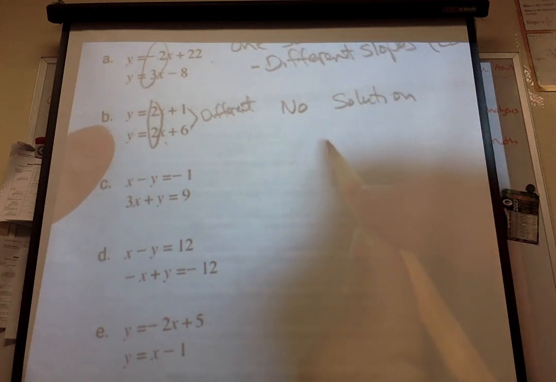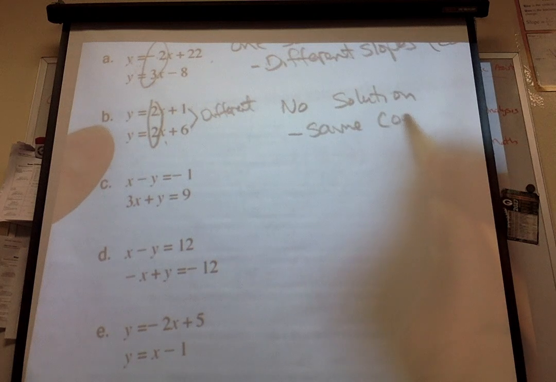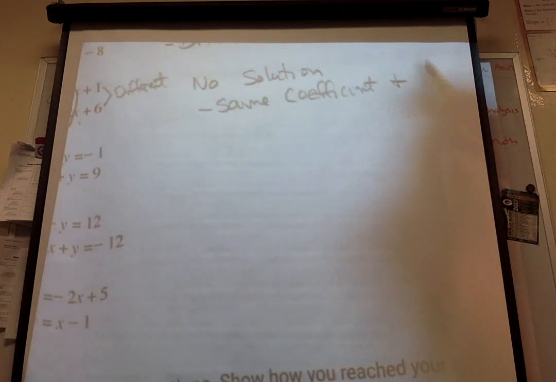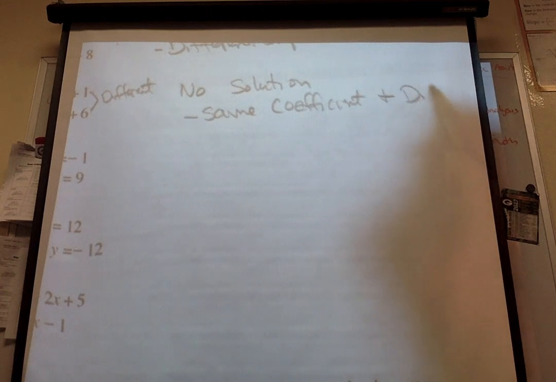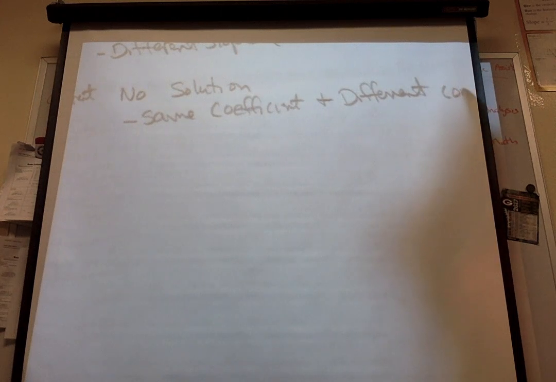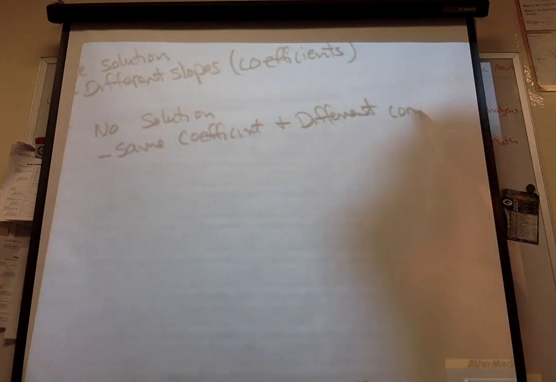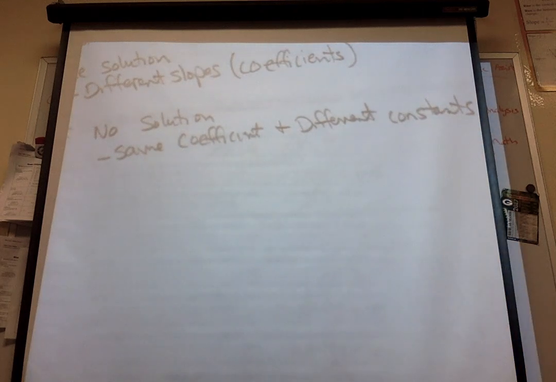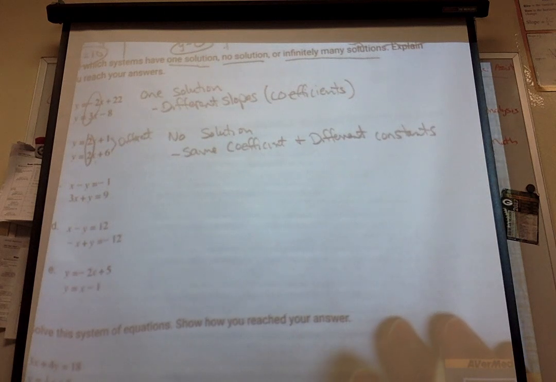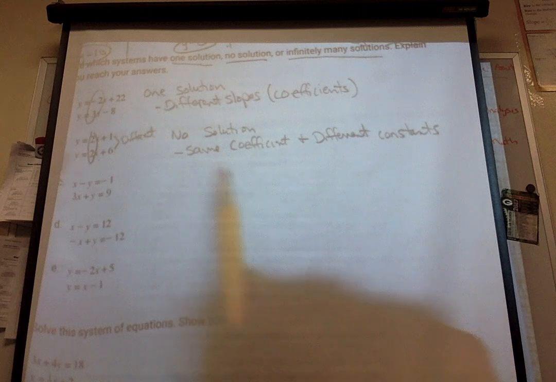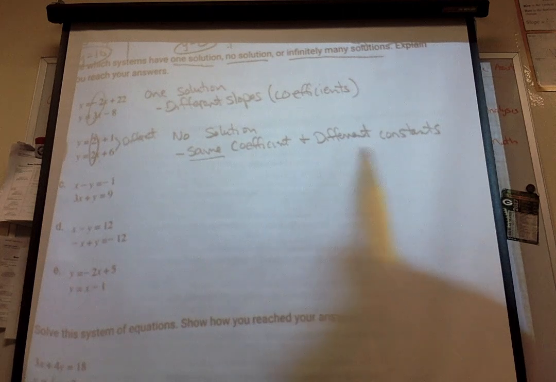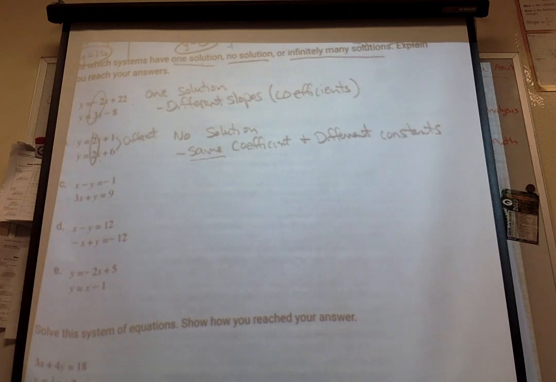And the reason how we know that, we say same coefficient and different constants. We call the numbers in the back, the b, constants. Same coefficients, different constants. So that means they're just going to be two lines that will never intersect. They're like railroad tracks.